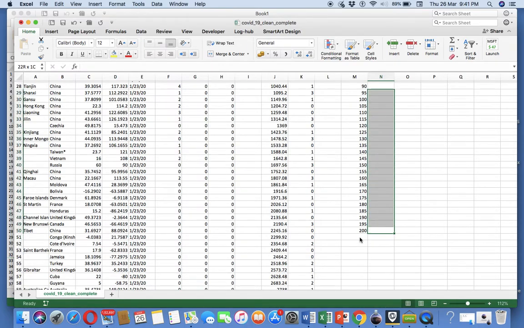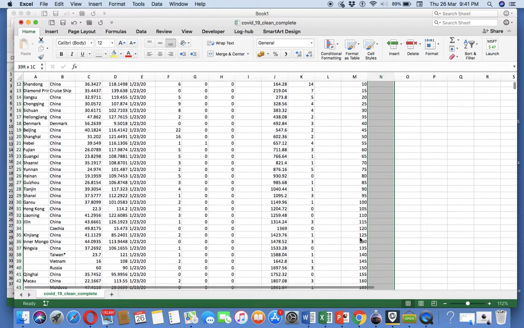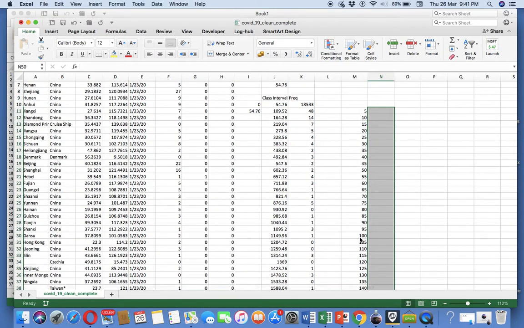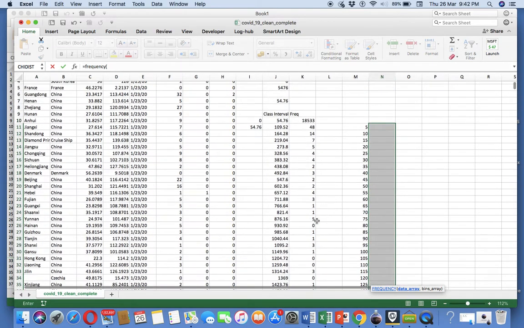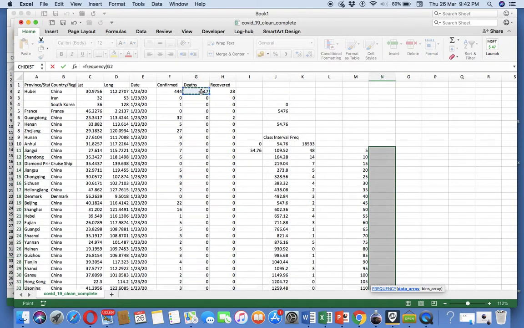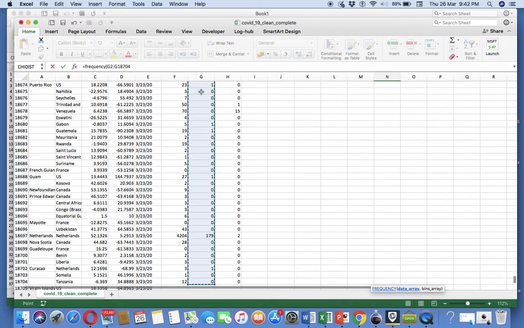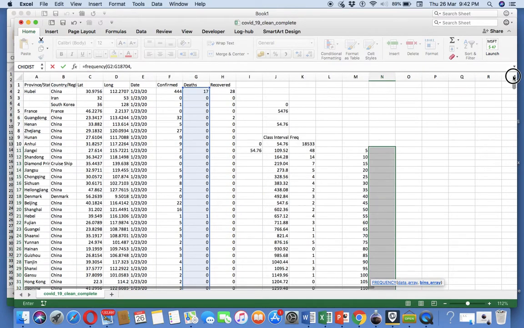Select a blank column equal in size to the class intervals, and let's start with frequency. Open a bracket, then it's asking for the data. The data is from here to here, comma, then it asks for the class intervals, which are also lined up over there. So I'll select that.